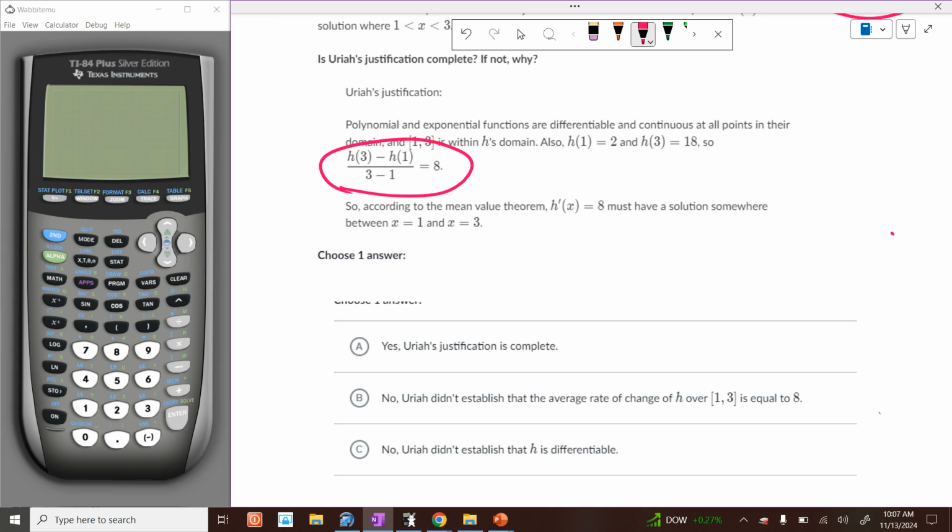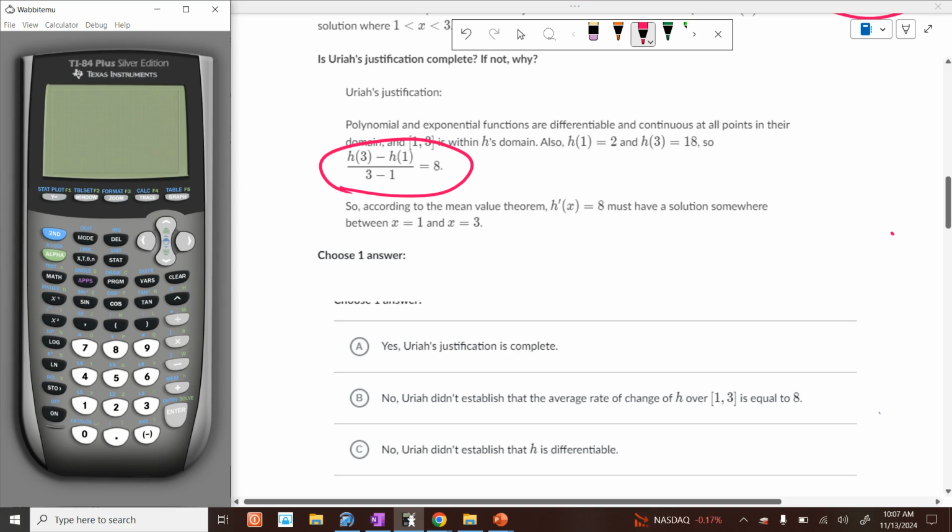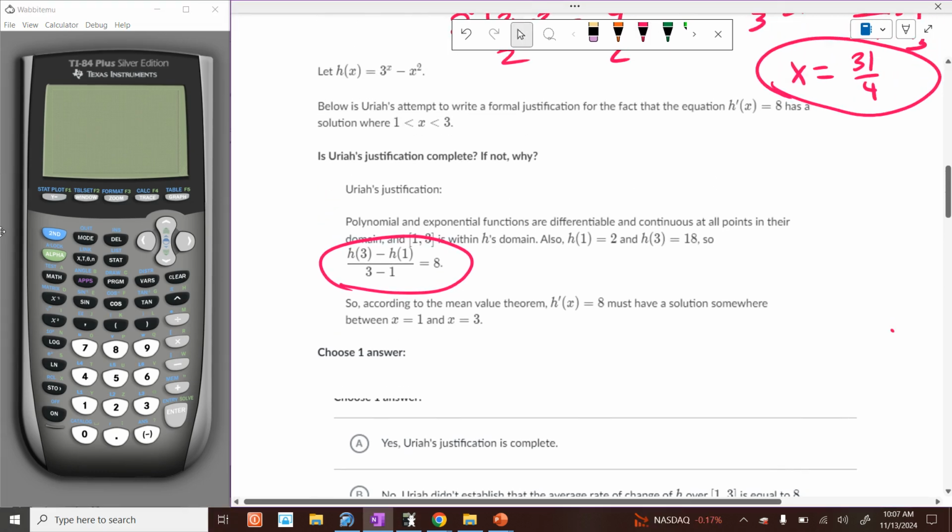Did he establish that h is differentiable? Because I don't think he ever took the derivative of this, right? Or he didn't say that it was differentiable over this thing.